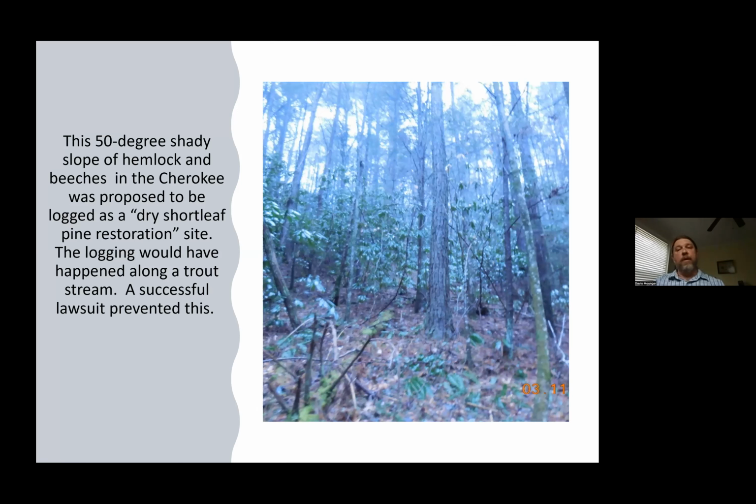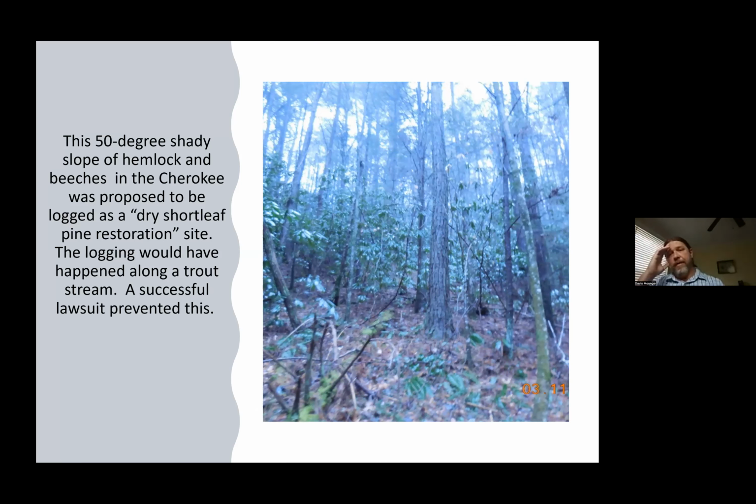Another example of this was further south in the Cherokee, not far from the Ocoee River, a place called Tumbling Creek, where they were going to log a north-facing, shady hemlock and beech forest community to create what they said would be a xeric, dry shortleaf pine community.